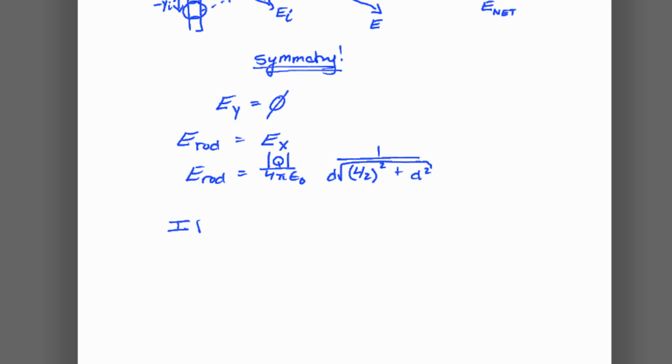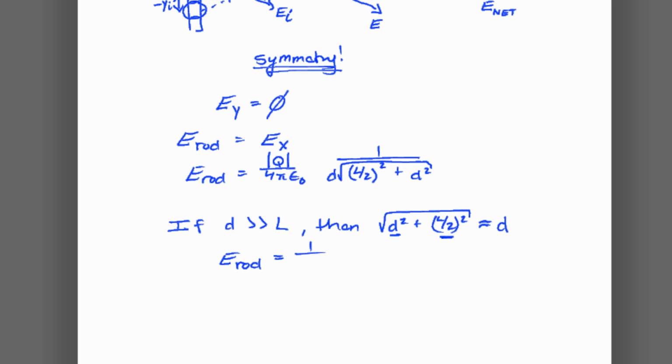So if D happened to be much, much bigger than L, meaning that we are very far away from this rod compared to how long it is, then our denominator here, the square root of D squared plus L over 2 squared, is basically going to end up approximating just D. Then our electric field due to this rod would simplify to 1 over 4 epsilon naught times the charge over the distance squared.